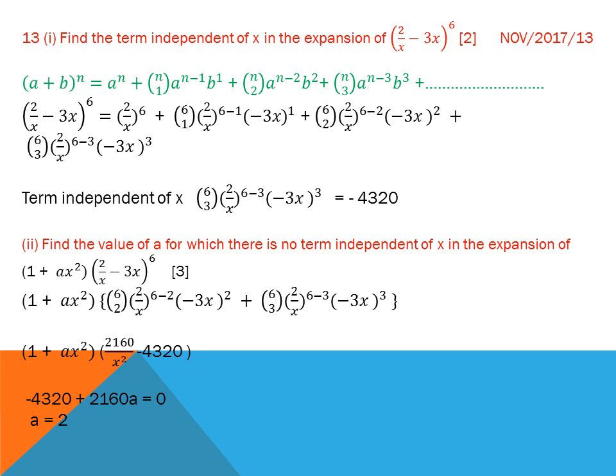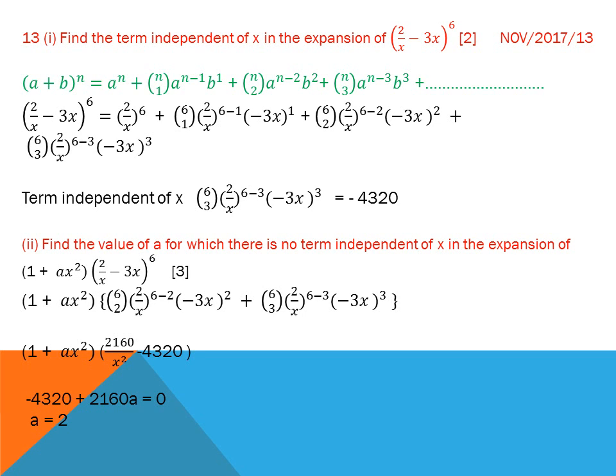In part 2, find the value of a for which there is no term independent of x in the expansion. No term means the term independent of x should be equal to 0. (1 + ax^2)(2/x - 3x)^6. Here I take two terms, the term including 1 over x^2 and the term independent of x. 1 plus ax^2, when I solve the first term, it will become 2160 over x^2, minus 4320.